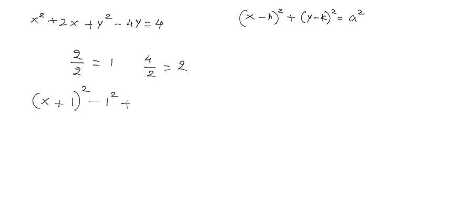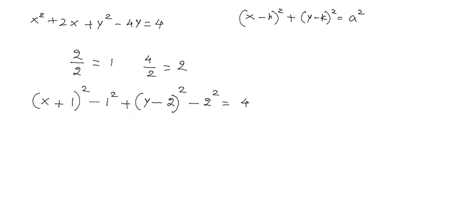So now I write y, then I take the sign of the y term in the given equation, that is negative, then the coefficient 2 should be taken here, then square, and after this, always a negative sign and this term with a square, so it's going to be 2² = 4. I hope the students can understand this step.